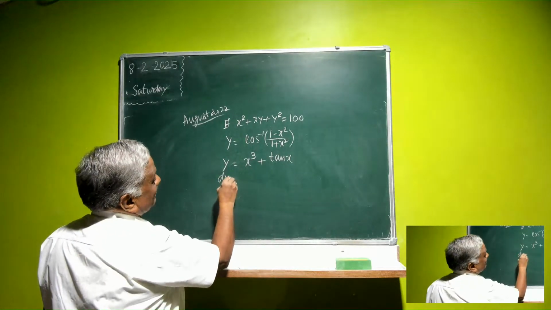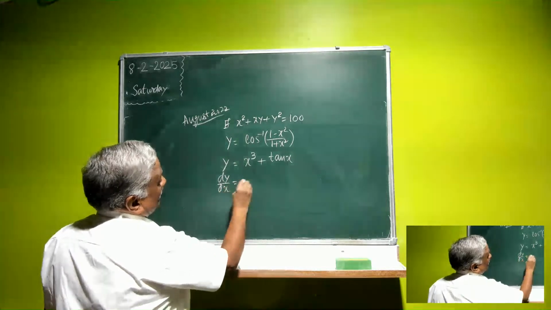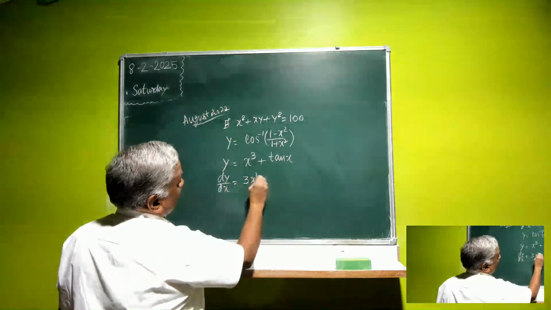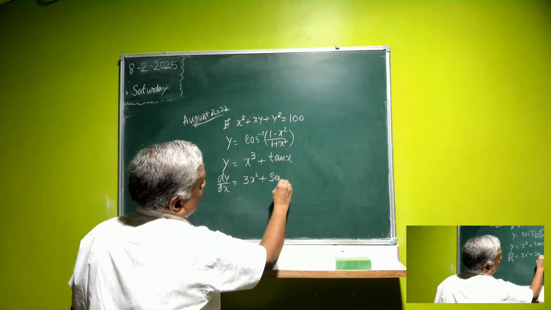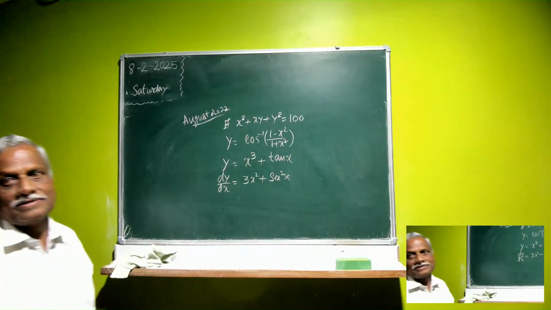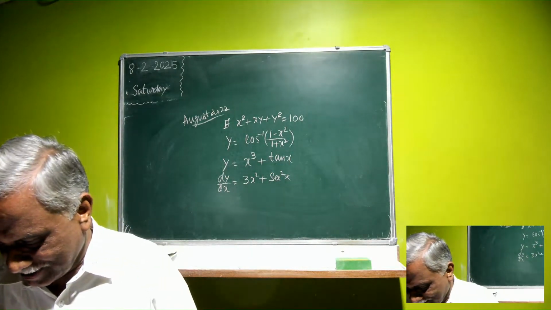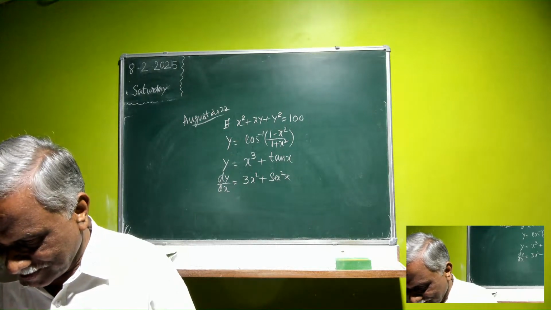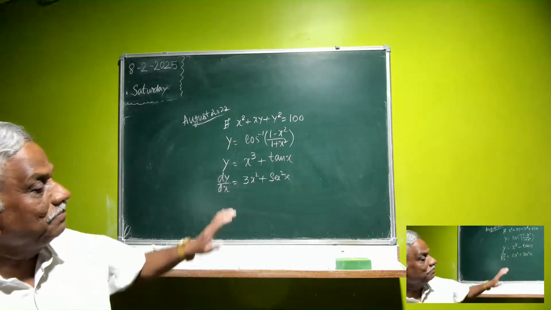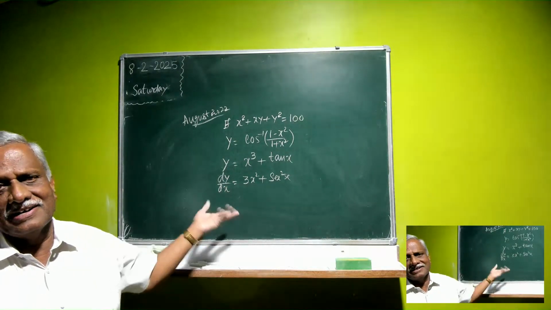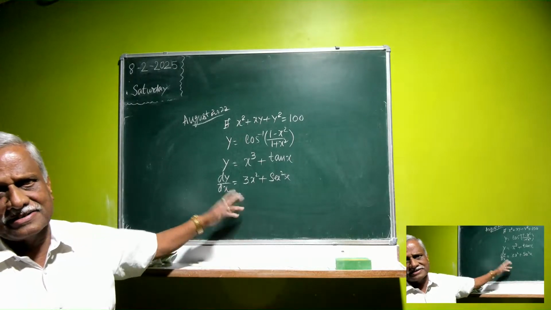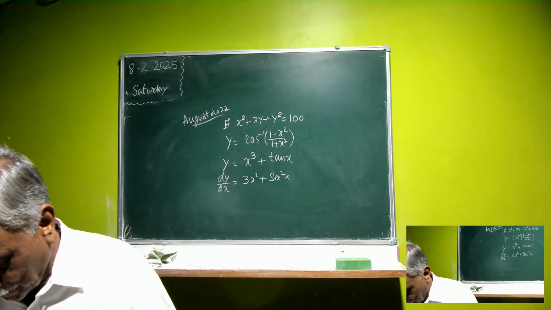Dy by dx is equal to x cube is 3x square. Tan x is secant square. That's all. By writing one step, you get 2 marks. So maybe some students would not have the basic ideas of calculus, they find this difficult. And these are the areas where definitely you can score.